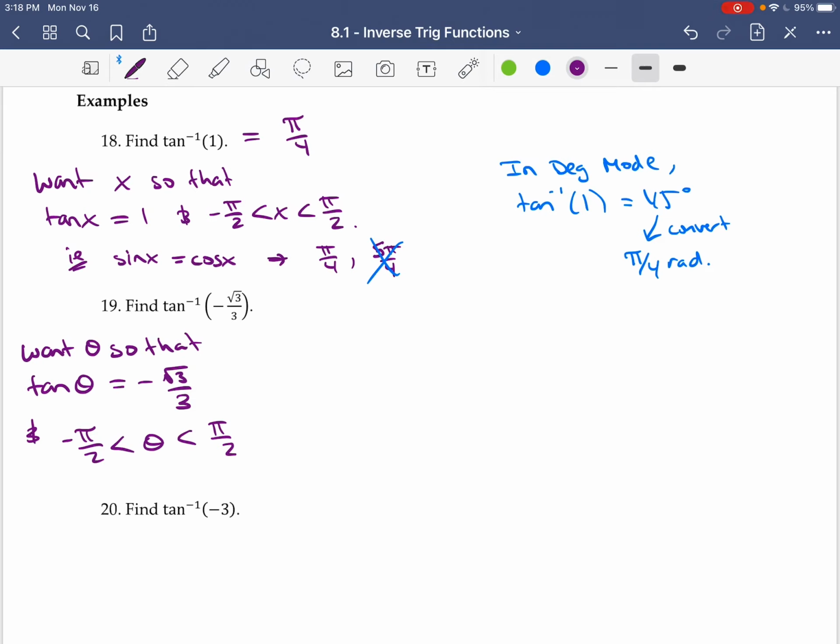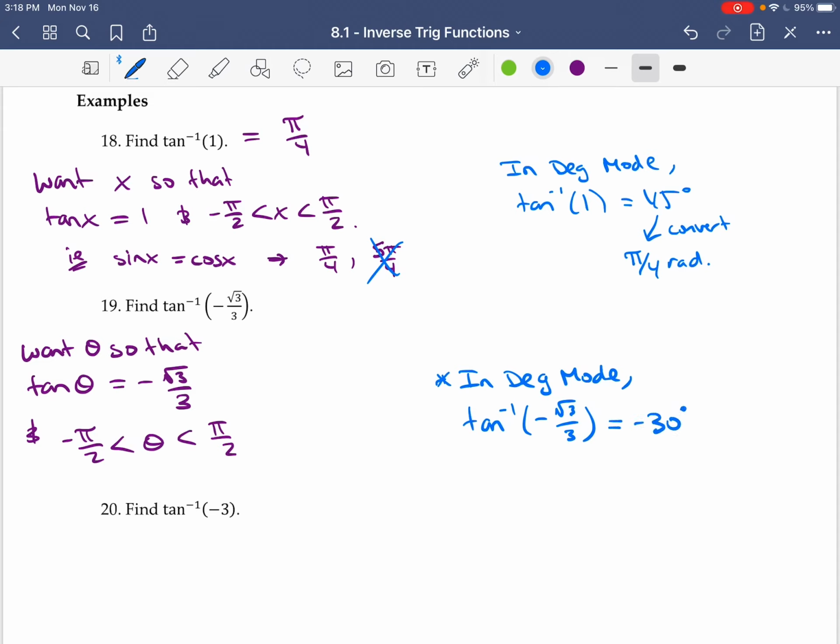If we actually did it in degree mode, so maybe you forget this one, if we enter tan inverse of negative root 3 over 3, you get negative 30 degrees.